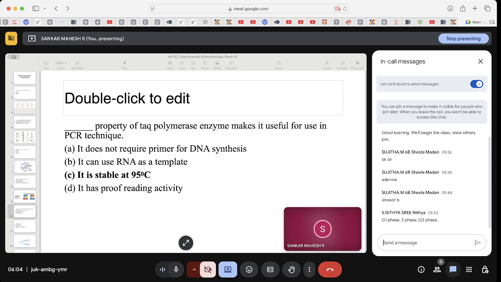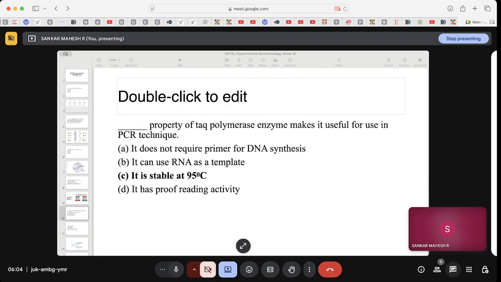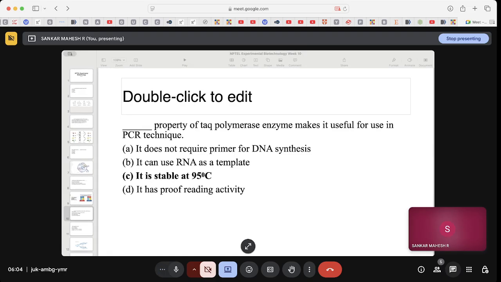Yes, so does anyone want to tell what you know about Taq polymerase? Right, right.